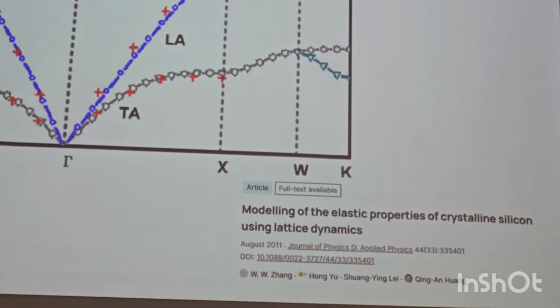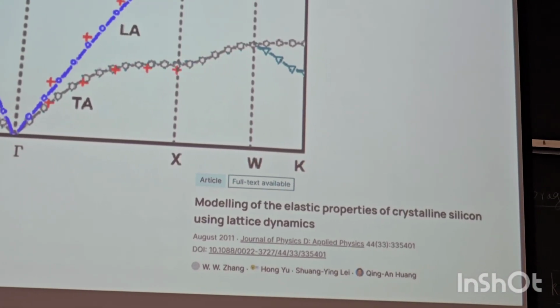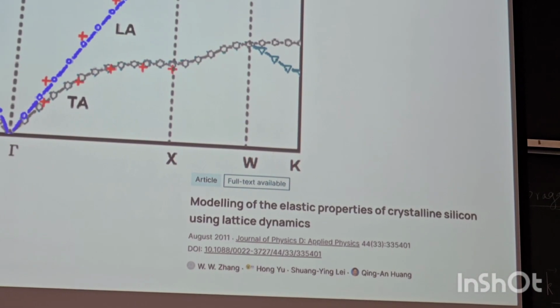So this is what a dispersion relationship looks like for lattice dynamics.